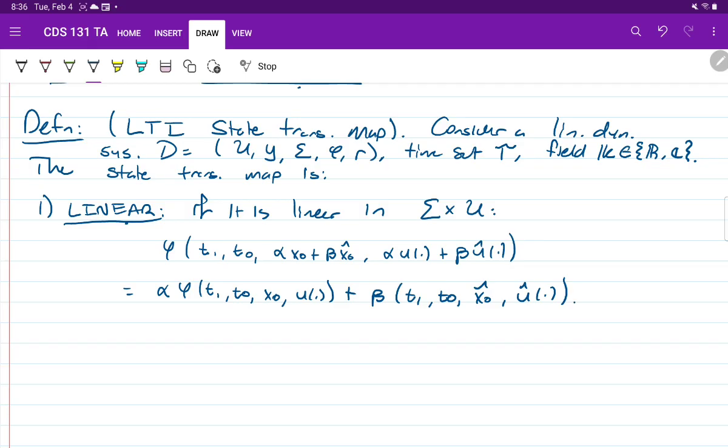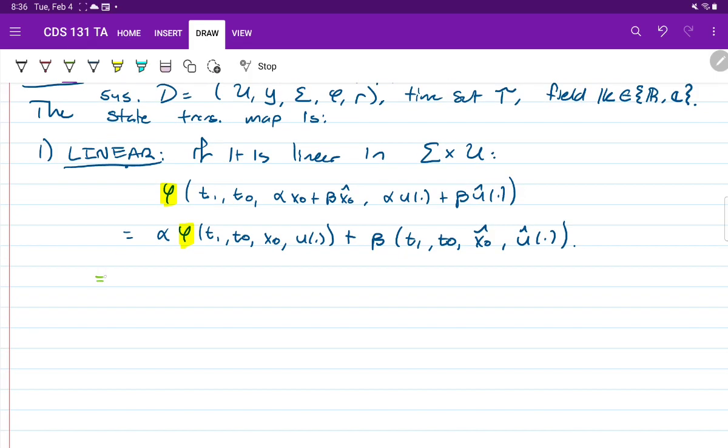Okay? So basically all that we're doing over here is we're just replacing where the I/O map would ordinarily be with our state transition map. Okay? So just as a quick side note, an equivalent way of writing this is that it's going to be a linear I/O system with readout map R sigma of T x u just equal to x, okay?